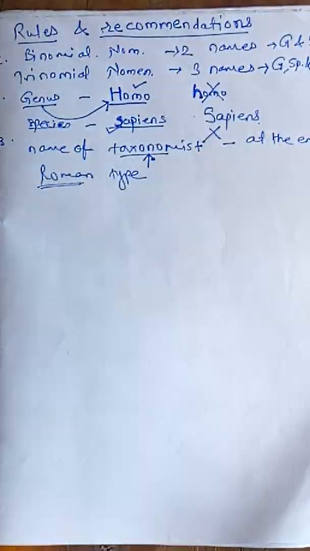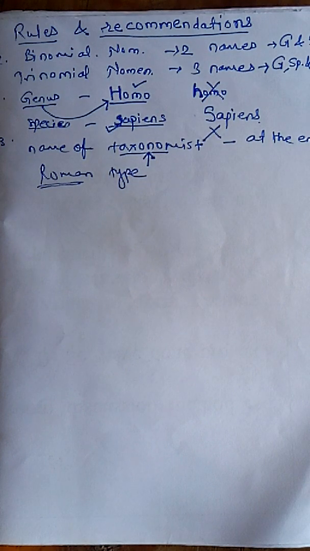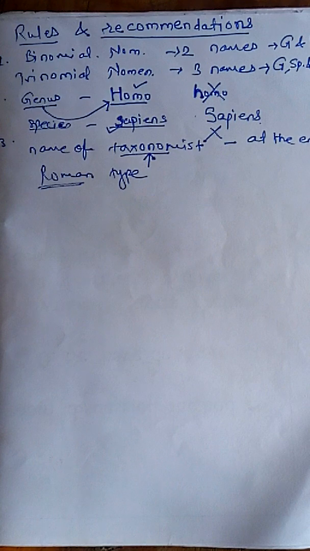We must write or print it in Roman type. For example, Linnaeus was a taxonomist. So when we are writing any scientific name, we add the name of Linnaeus after the scientific name.